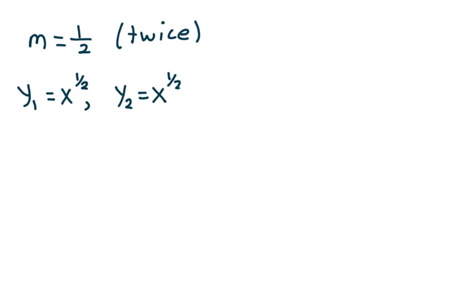And it turns out we can show that if I take x to the 1/2 and multiply by natural log of x, we can show with the Wronskian that y1 and y2 are linearly independent. So what I'm going to do is take x to the 1/2 and multiply by natural log of x. And now I've accomplished my goal. x to the 1/2 and x to the 1/2 natural log of x are linearly independent.